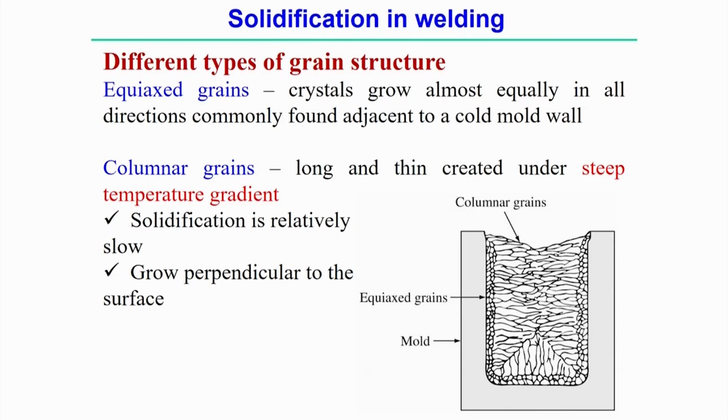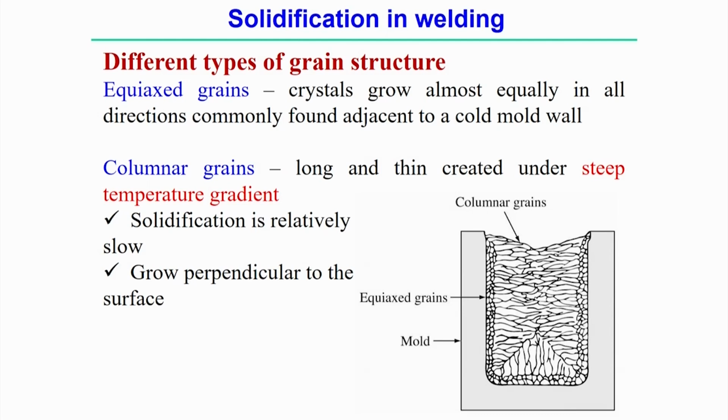Similarly, we can find the columnar grain structure. It is basically long and very thin, created under a steep temperature gradient. So, a high temperature gradient oriented in one specific direction is actually the driving force that makes columnar type of grains. Definitely columnar growth is relatively slow as compared to equiaxed grains, because equiaxed grains more or less form throughout the surface almost at the same time.